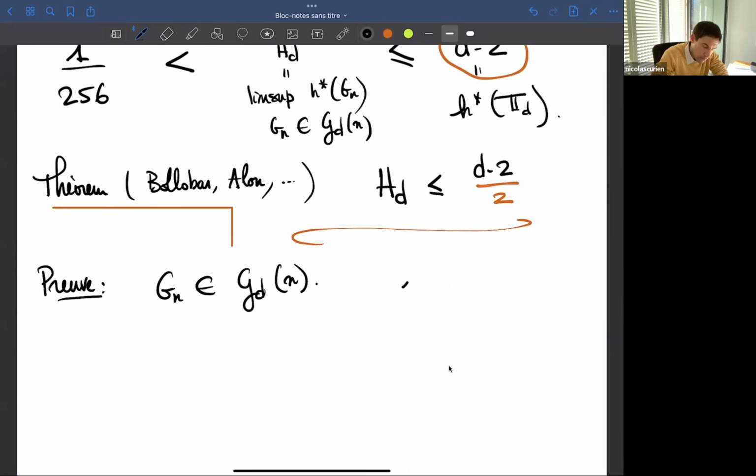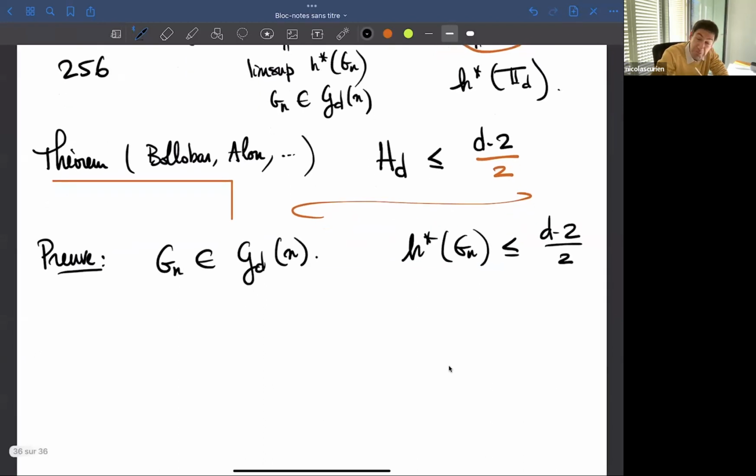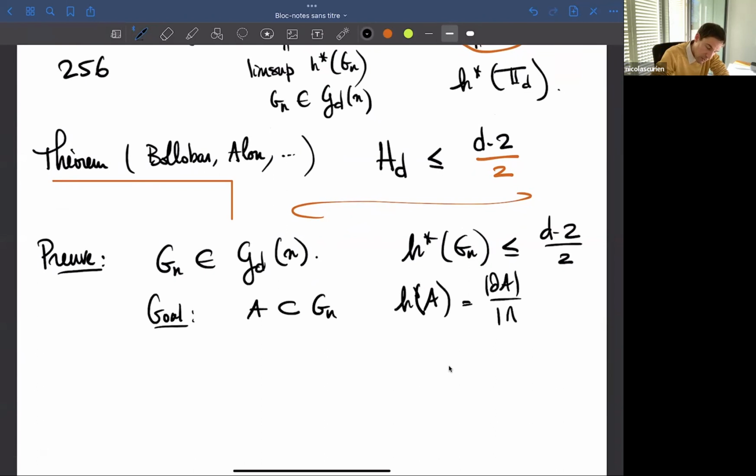Your goal is to prove that its Cheeger constant will be less than (d-2)/2. So what do you want to build? You want to build A inside Gn with a small isoperimetric constant.